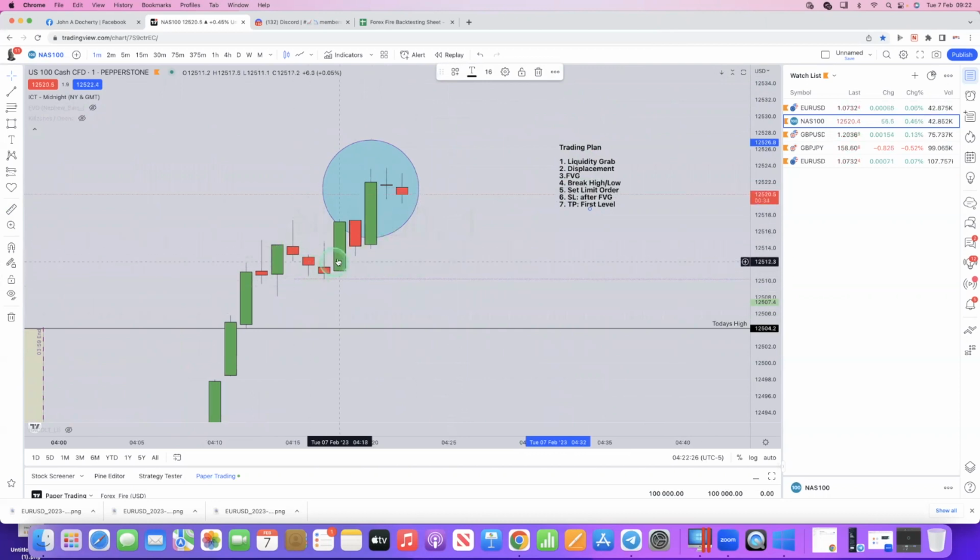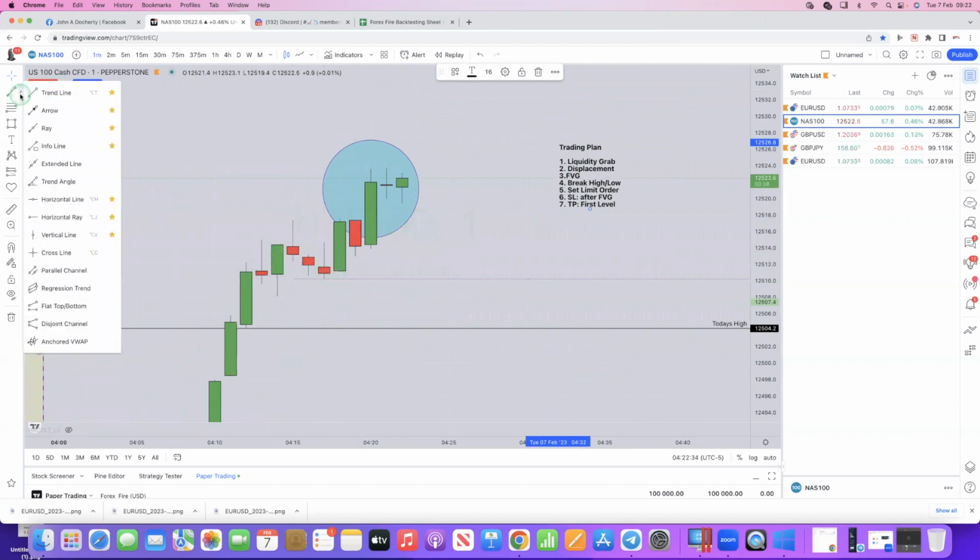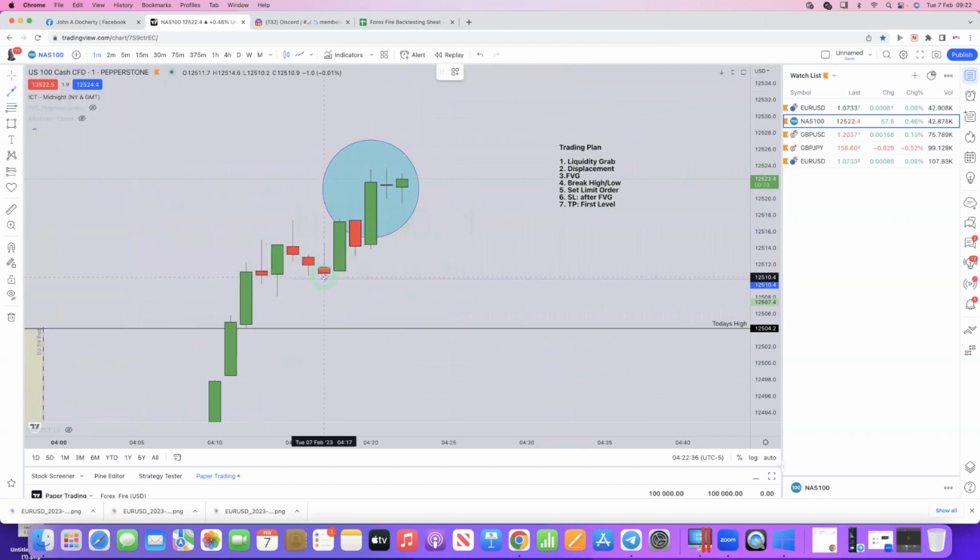Again, I want to see this sort of effect to be able to move my liquidity line on here. Because for me, at the moment, as we stand, from here up to here has been nothing but the buy-in, if that makes sense. We need to get some sort of retracement back into this area to be able to get this motion, to be able to identify a proper swing point, if that makes sense.